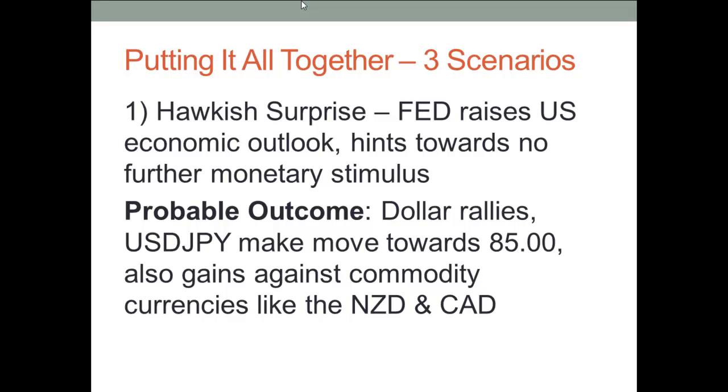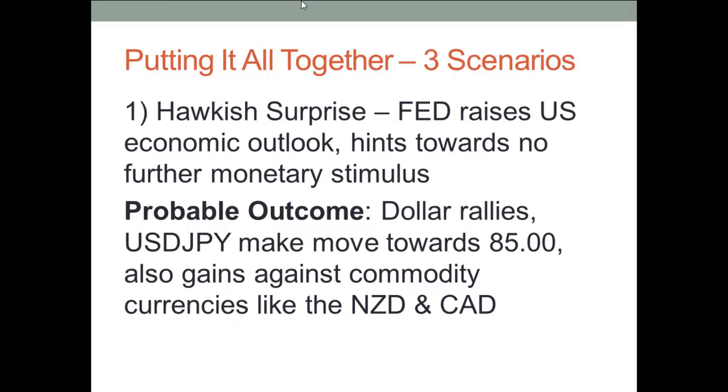One exception here, if you notice, I don't mention the big commodity currency that people usually talk about, the Australian dollar. I wouldn't recommend trading the dollar versus the Australian dollar. Even if the Fed does come out with a really positive expectation of the U.S., we still have to worry a little about the carry trade and that 4.25% interest rate in Australia versus the dollar.